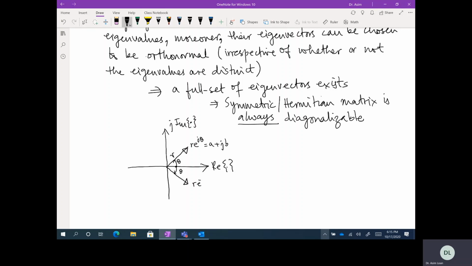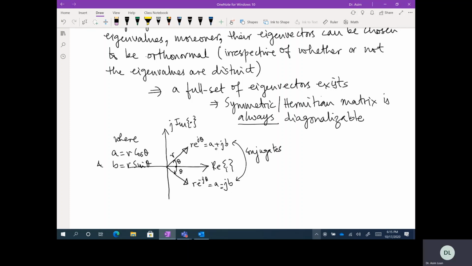This is R e to the minus J theta, which is A minus JB. So these two are conjugates. Conjugates mean plus is replaced by minus, where A is R cosine theta and B is R sine theta.